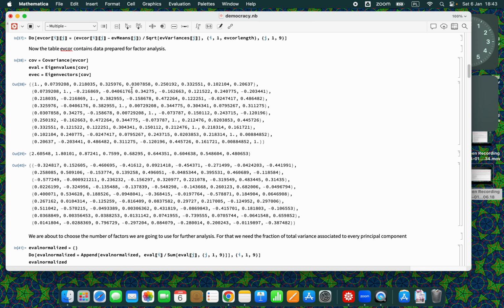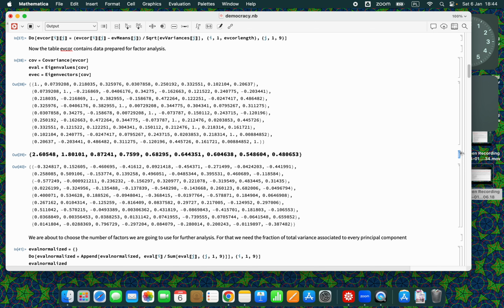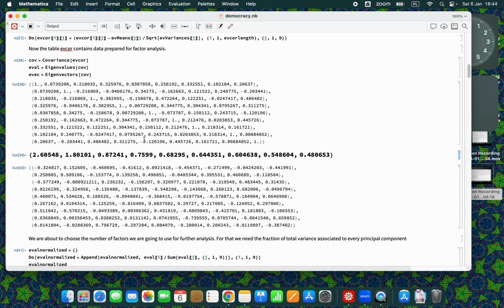On standardized data, we can calculate the covariance matrix, which is in this case the same as the correlation matrix because variables are standardized. And then we diagonalize this matrix, which means we calculate eigenvalues and eigenvectors. Our eigenvalues are here. I will make it boldface and slightly bigger. And our eigenvectors are here.